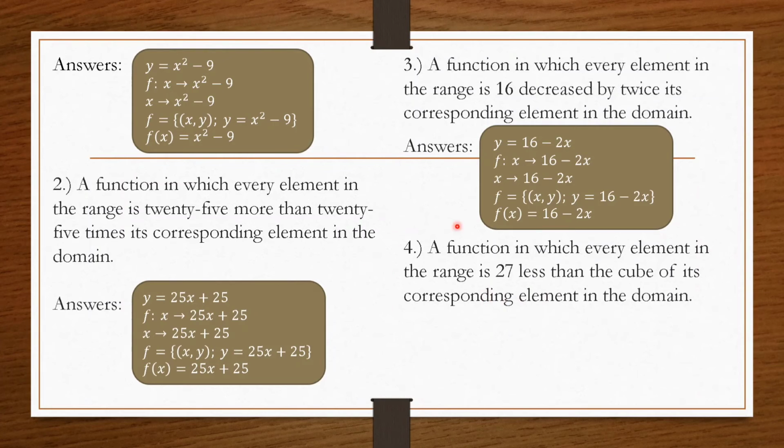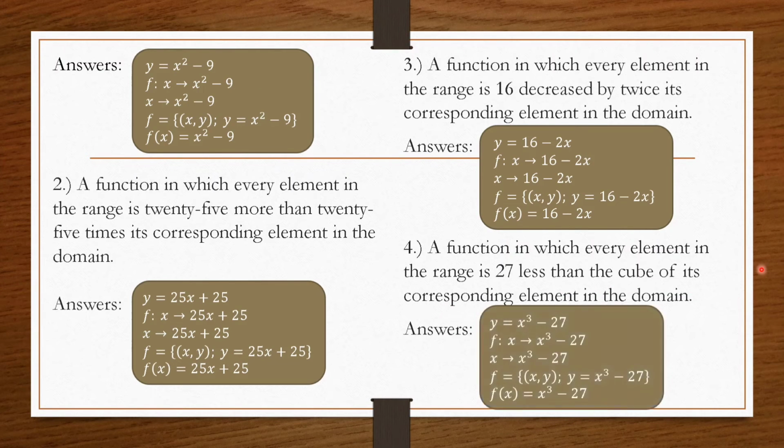In our next example, we have a function in which every element in the range is 27 less than the cube of its corresponding element in the domain. And the answer is y equals x cubed minus 27. How I got this is from here. The range is 27 less, so negative 27, than the cube of its corresponding element, x cubed, not square.